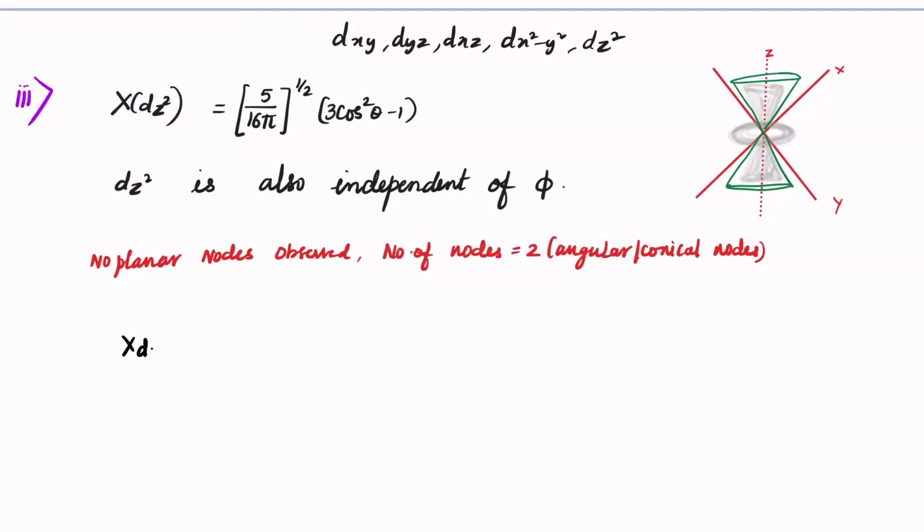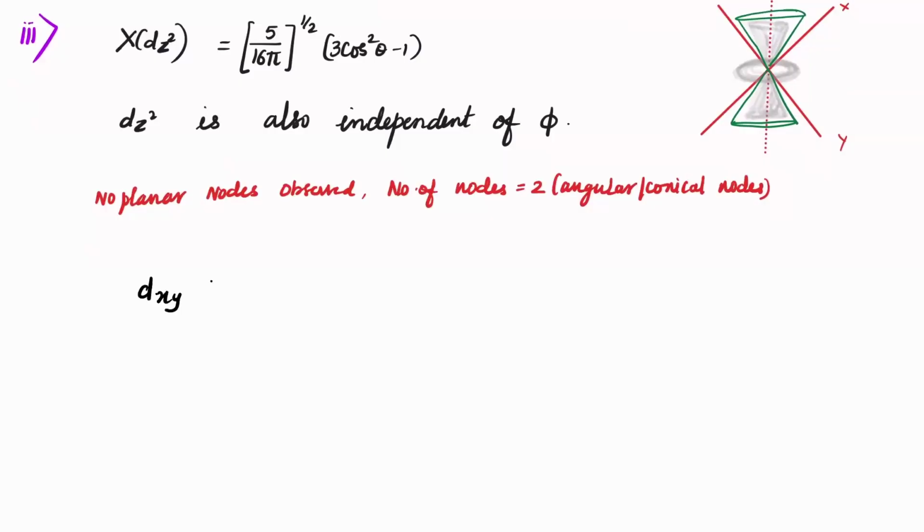I'm writing the function for dxy, let's say dxy. For dxy also you'll get some kind of a function. Again, like I said, we don't need to mug up. You just need to know how dxy looks.